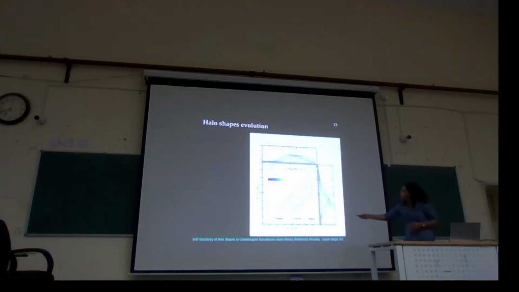Interestingly, as cosmic time increases, the population of halos goes from elongated prolate to disky oblate. That is one key result, and we don't know why this is happening. So our next task is to see why this is happening. That is something in ongoing work.